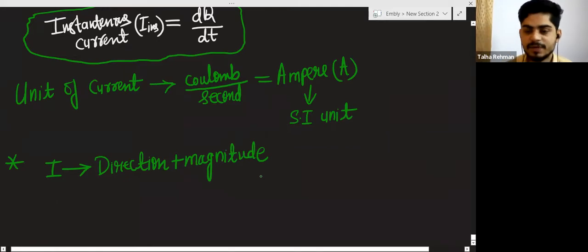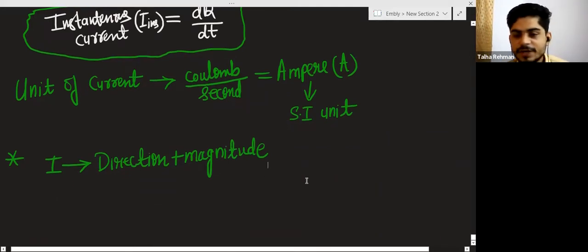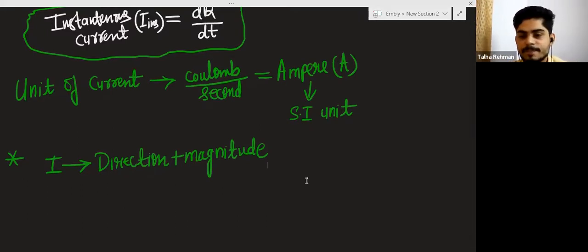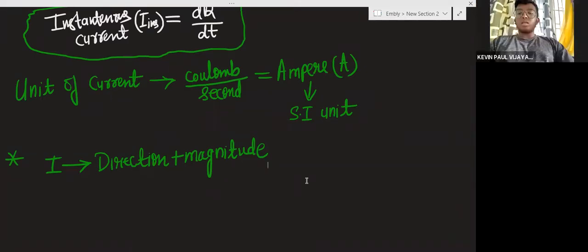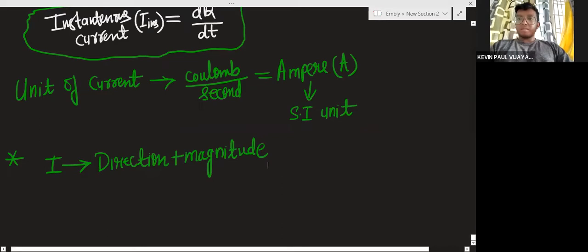See, I will tell you how this is happening. For a quantity to be a vector, it must have magnitude, direction, as well as follow the laws of vector addition. But current does not follow the laws of vector addition.